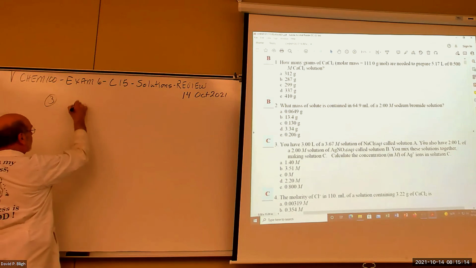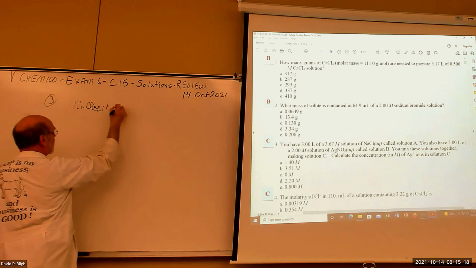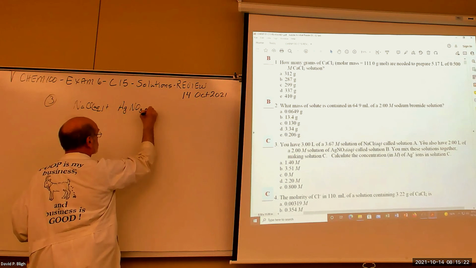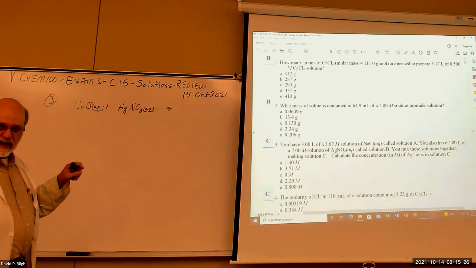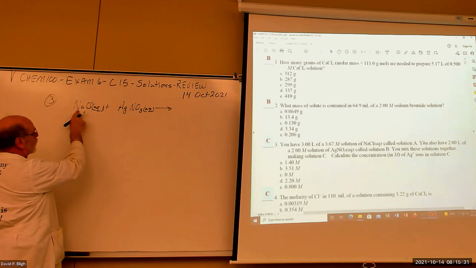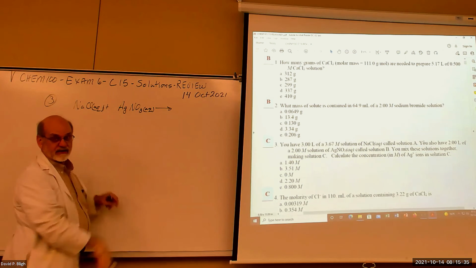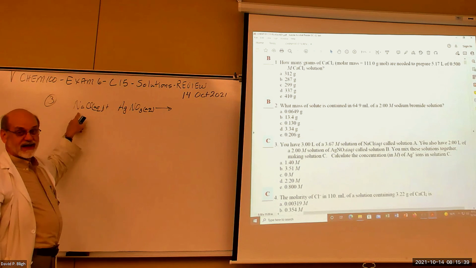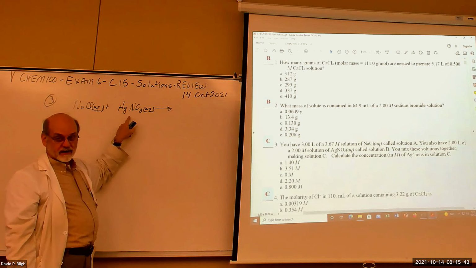Sodium chloride in solution and silver nitrate in solution are going to react. And what are they doing in solution? Well, first of all, is this correct? 1 sodium, 1 chlorine. Yeah, that's right. 1 silver, 1 nitrate. That's correct. In solution, you've got individual ions, sodium ions, chloride ions, silver ions, nitrate ions.